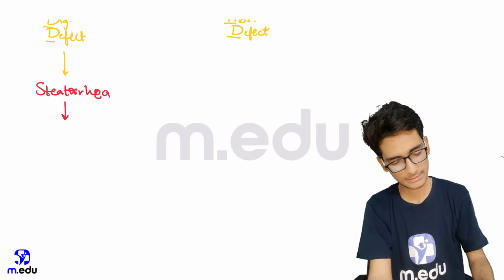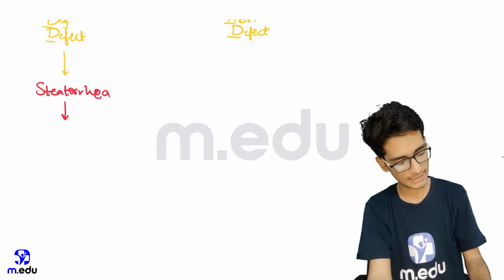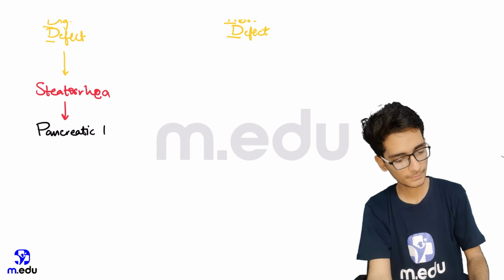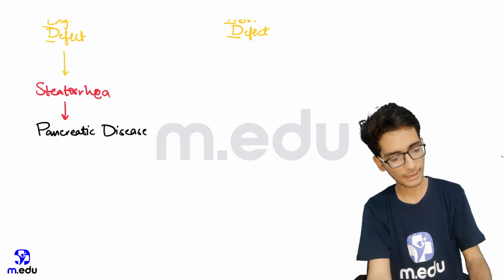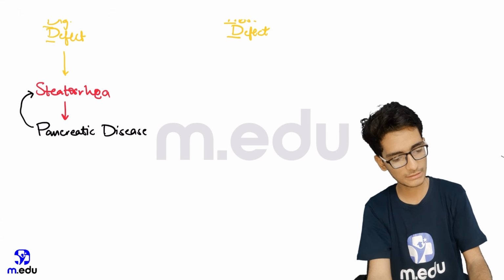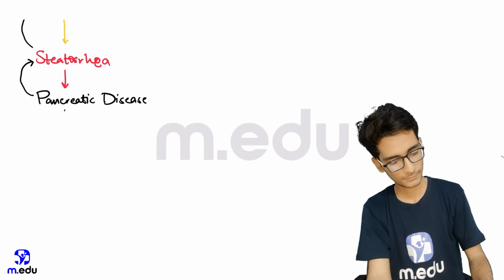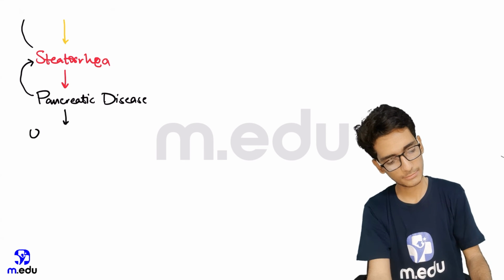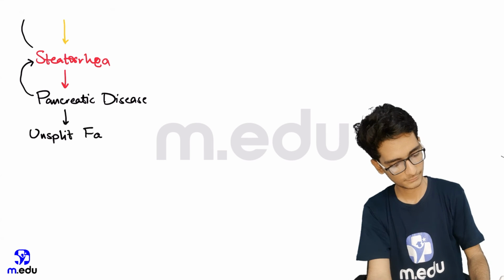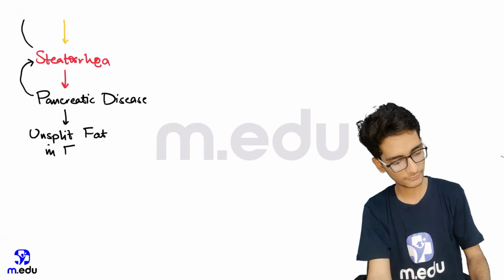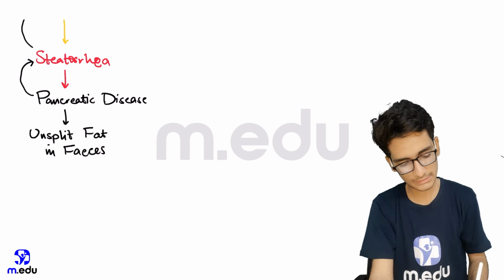Since pancreatic lipase is absent, we can assume it's a pancreatic disease. So in pancreatic disease we have steatorrhea, which leads to a defect in digestion. The anomaly is that unsplit fat is present in feces. This is the symptom.